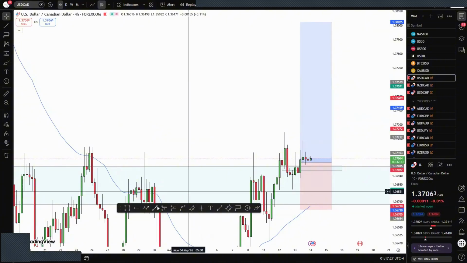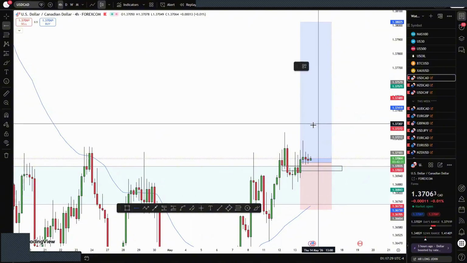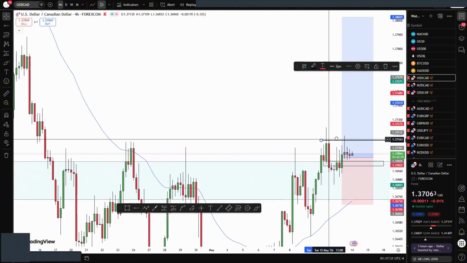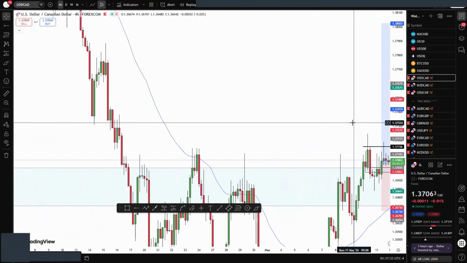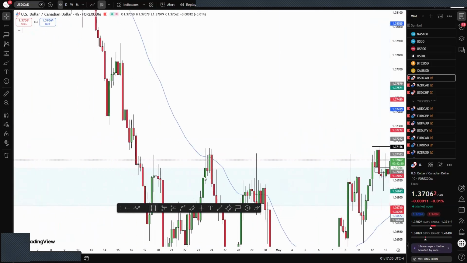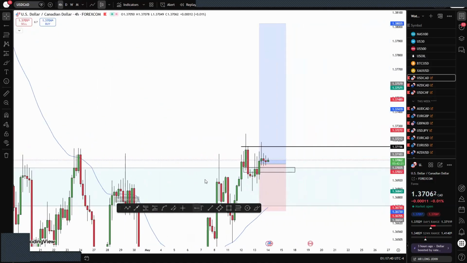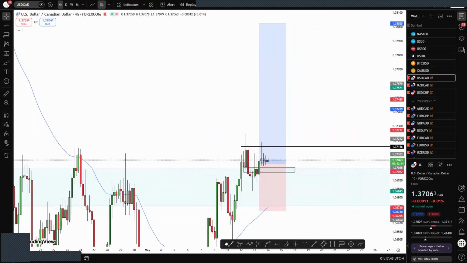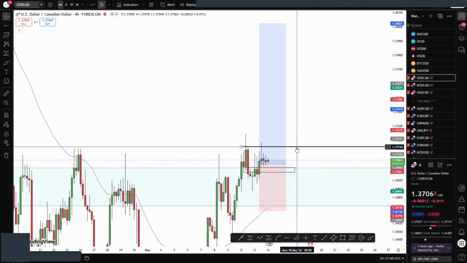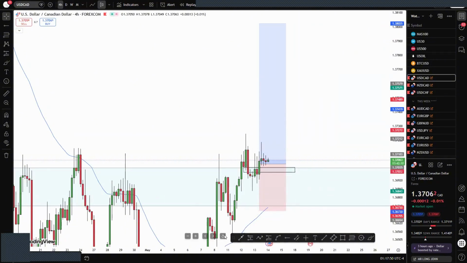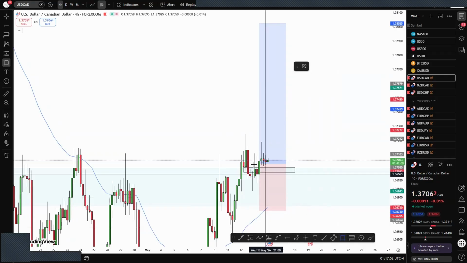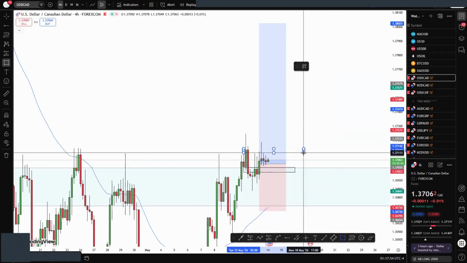Once price, let me do this. We need that break. It's not moving. Okay, let me show you something. I need price to close above this level.